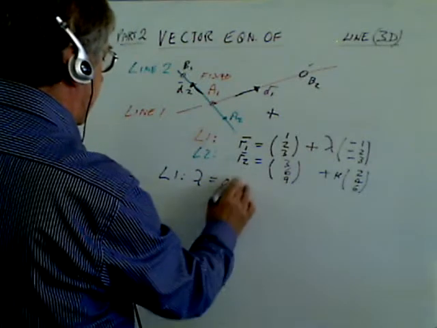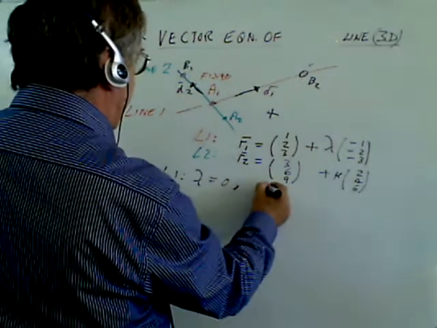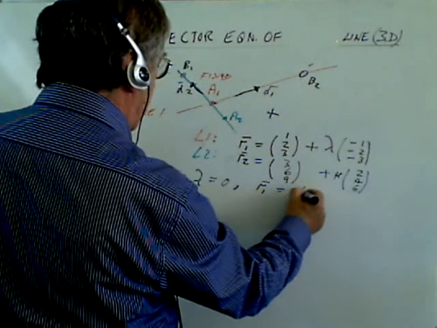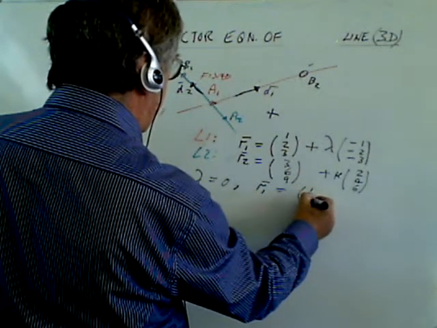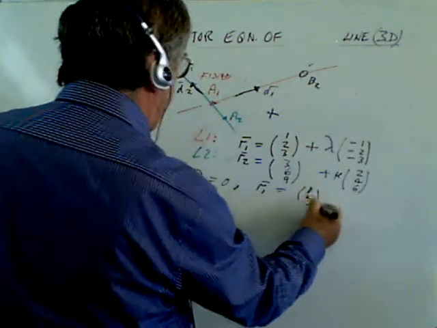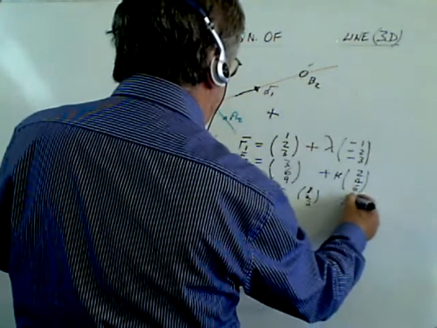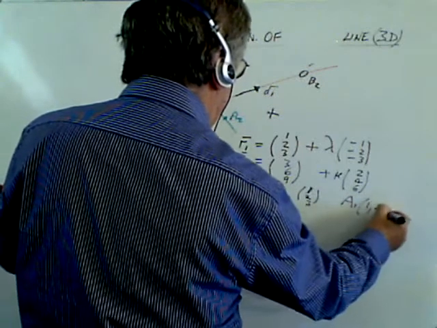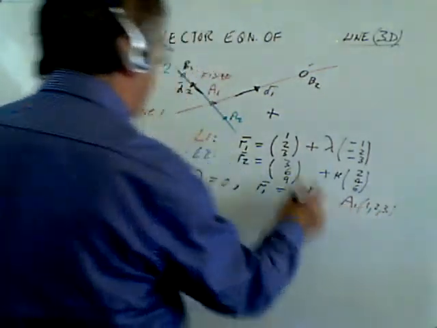I get R1 will just be (1, 2, 3), which is just the point A1, of course, with coordinates (1, 2, 3). So that'll bring that point down there.